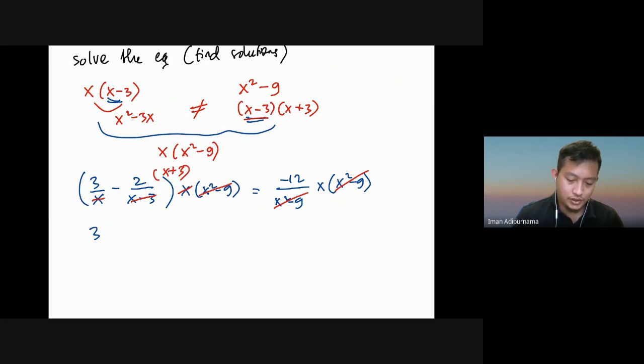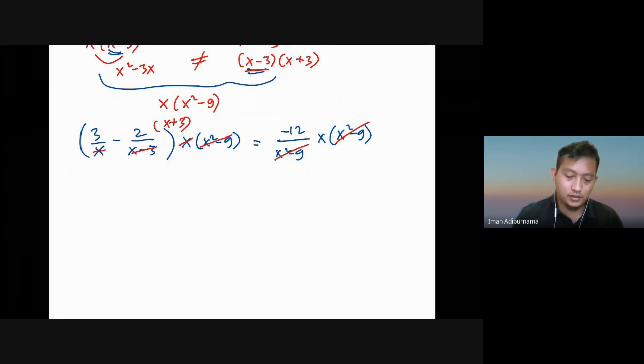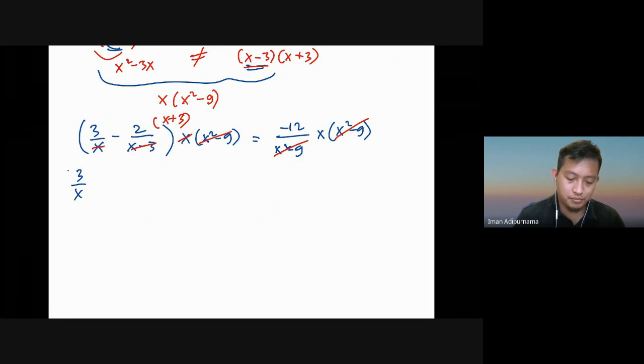So we'll get 3 times x squared minus 9, because we still have x squared minus 9. Maybe you'll be confused here, so you basically multiply each one.